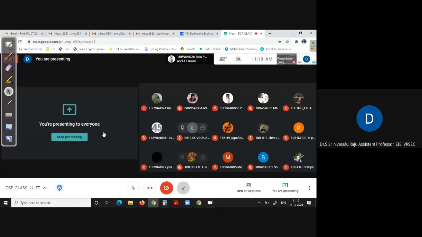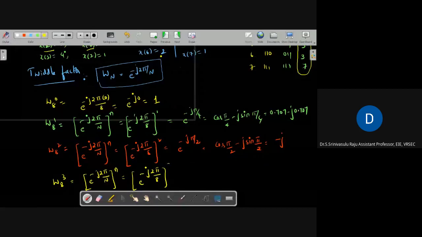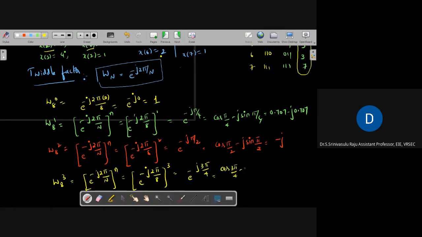That gives e power minus j 3 pi by 4, which is cos 3 pi by 4 minus j sin 3 pi by 4. The value of cos 3 pi by 4 is minus 1 by root 2, so minus 0.707 minus j 0.707. These are the answers.